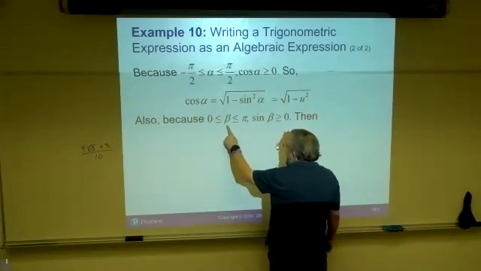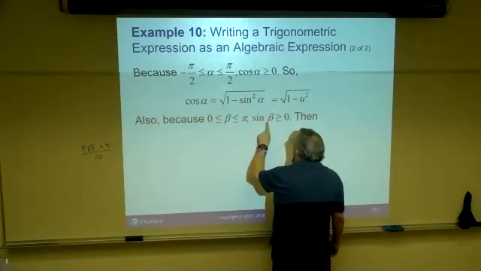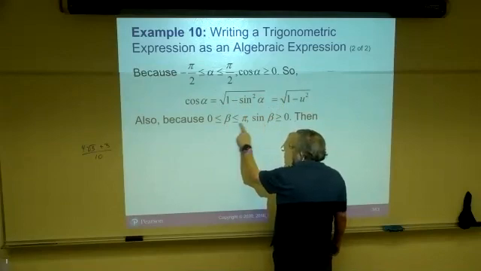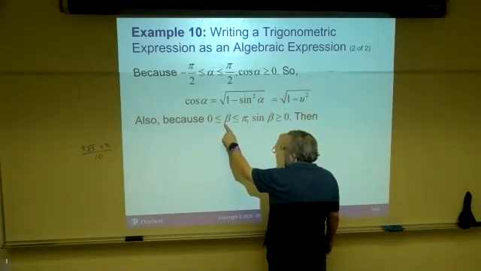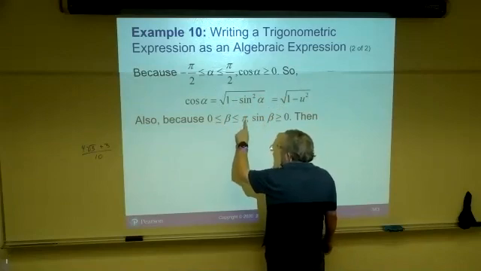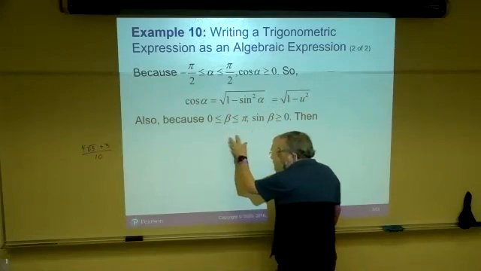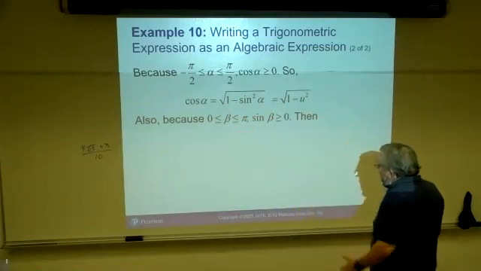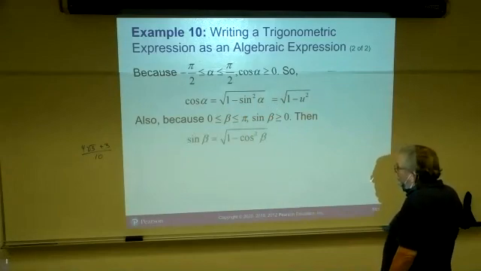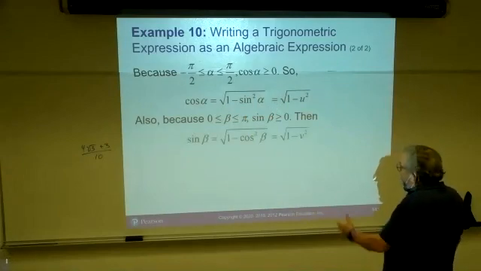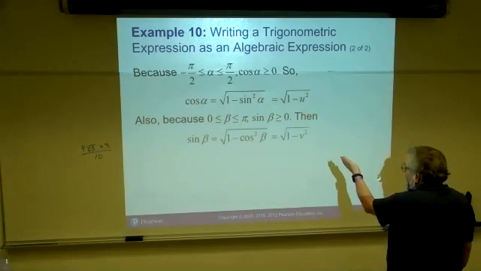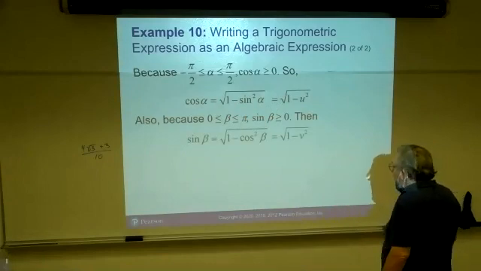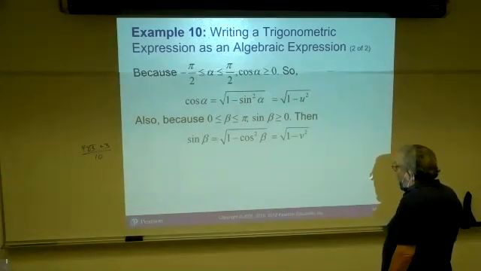Here, sine has to be positive. Since beta is between 0 and pi, and sine is positive between 0 and pi, the first and second quadrants, that's where sine is positive. And so we get that sine of beta is the square root of 1 minus v squared.